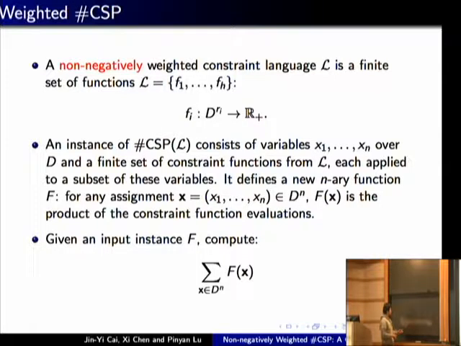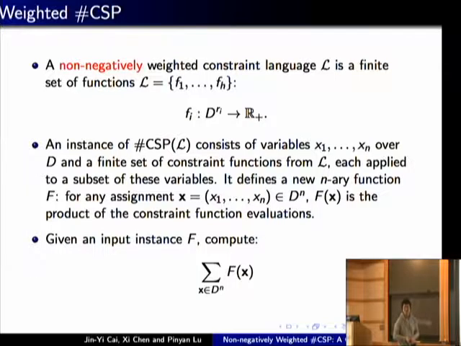And this instance would define for you an n-ary function, capital F, which is just the product of the function evaluations. So given any assignment x, F of x is just the product of f1 of x1, x2, x3, and f2 of x2, x3, x4, and so on and so forth. It's the product of all the constraint functions.